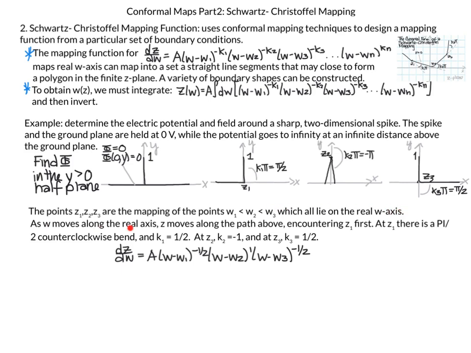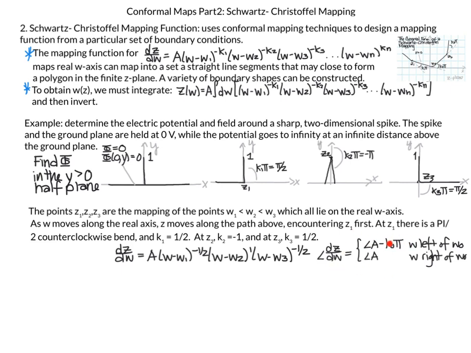So as w moves along the real axis, z moves along the path above, encountering z1 first. And at z1, there's a pi over 2 counterclockwise bend, right? So we go from here to up here. Our phase change is from 0 to pi over 2. Which means that if this is pi over 2 and k, where is that? I don't have that formula. Okay, I pasted it here.